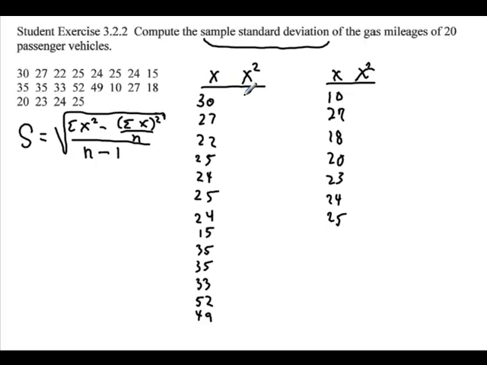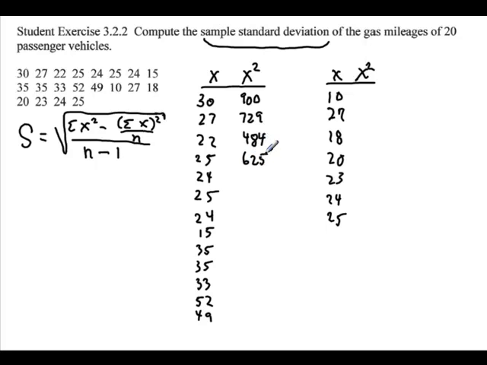For 30 squared, I get 900. And for 27 squared, I get 729. And for 22 squared, I get 484. 25 squared is 625.